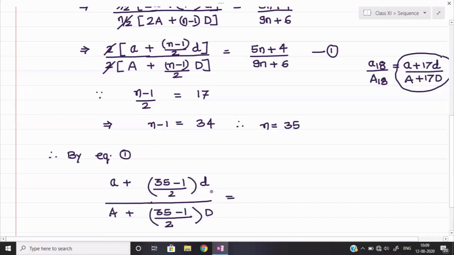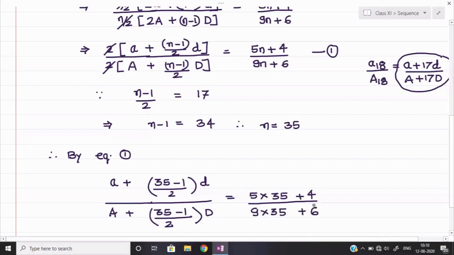Now remember, if you are replacing the value of n on the left hand side, you need to replace it also on the right hand side. So it will be (5 into 35 plus 4) whole divided by (9 into 35 plus 6).